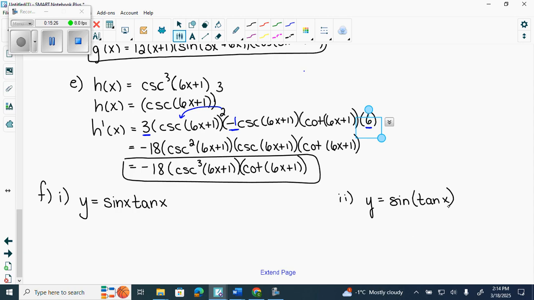What is the difference? So the first one, sin x and tan x are multiplied. There's two x values, correct? So how are we going to do this one? You're going to do product rule. You have two things multiplied, correct? What is this one?